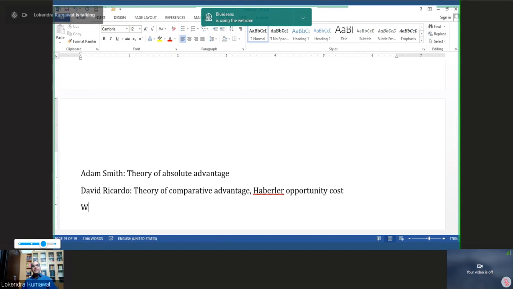The question is, why comparative advantage? The theory of comparative advantage, whether it is given by Haberler or David Ricardo, does not have any answer to this question. The answer to this question was sought by Heckscher and Ohlin.